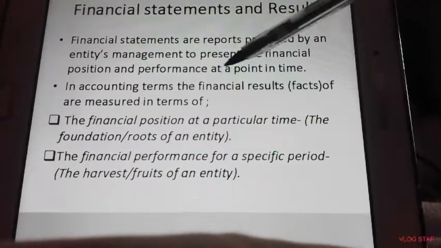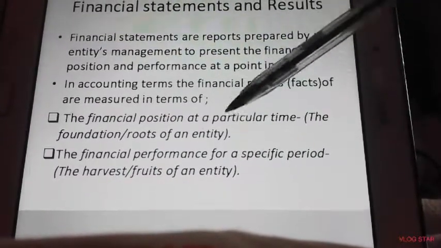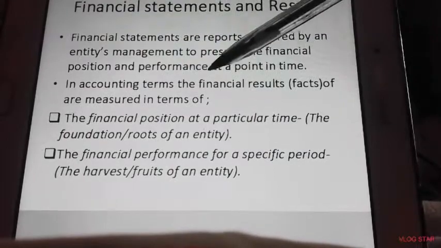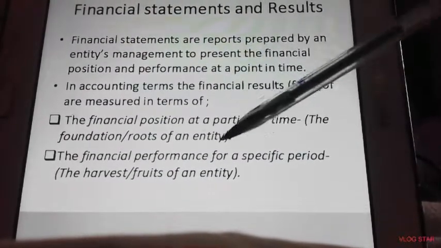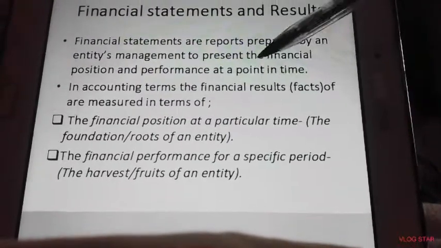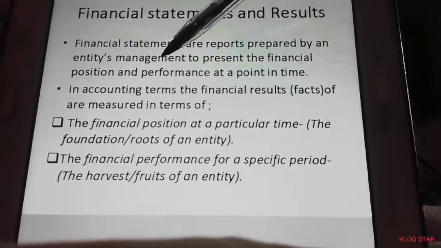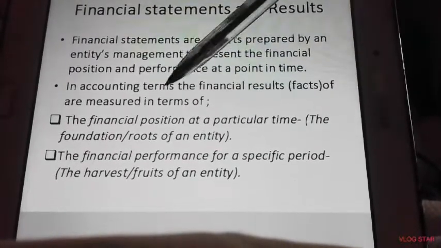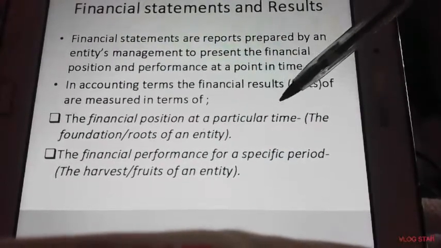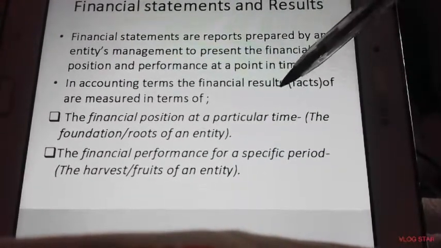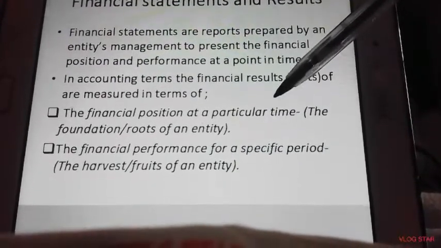In accounting terms, the financial results of the facts are measured in two ways. To show the financial results of the business, we have to do this in two ways.